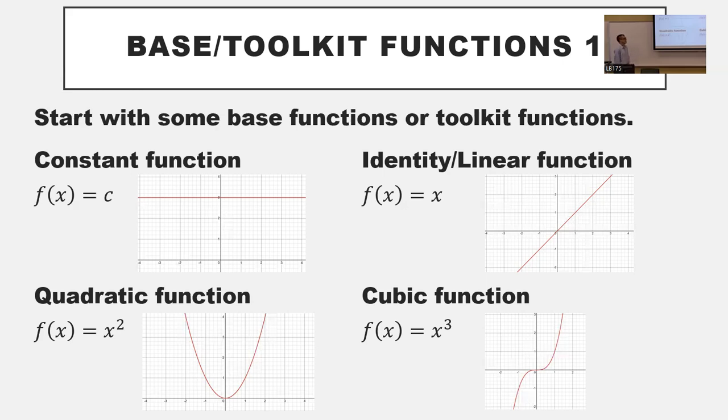Now, this is not the only linear function, but this would be the base linear function. The base quadratic function would be f of x is equal to x squared. The base cubic function is f of x equals x raised to the third power, or x cubed.